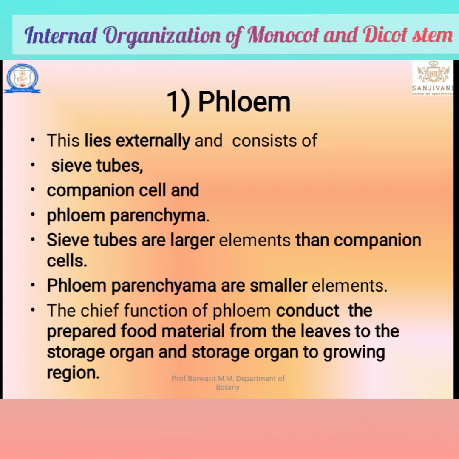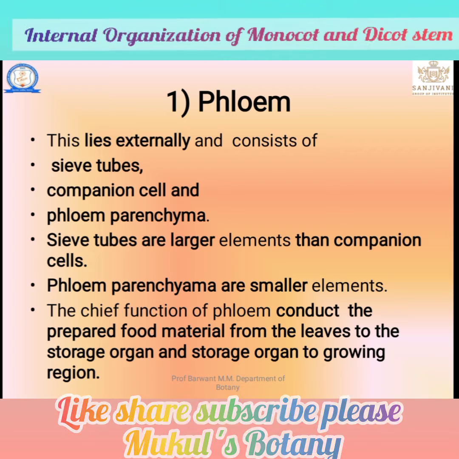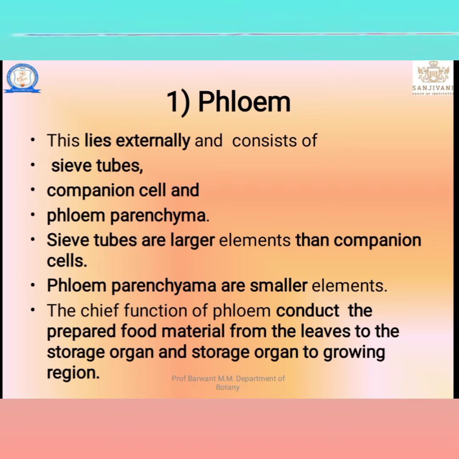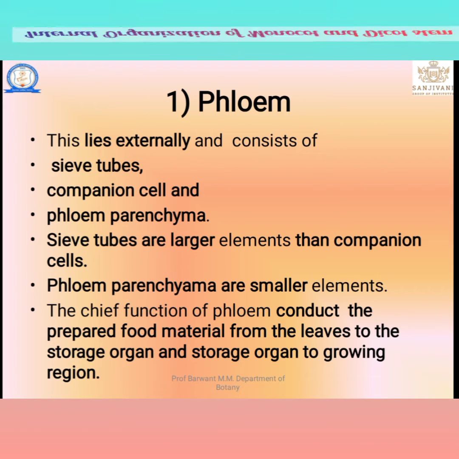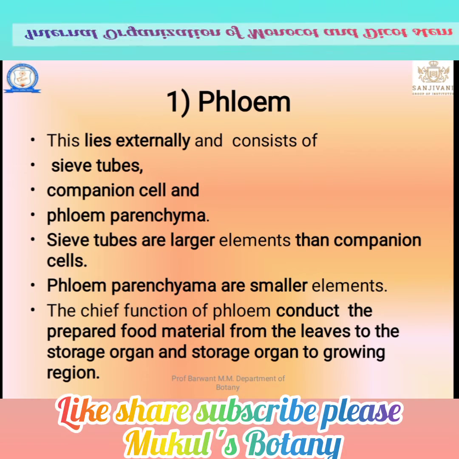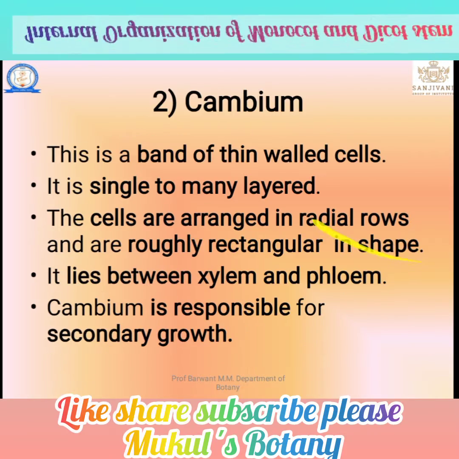The chief function of the phloem is to conduct prepared food material from the leaves to the storage organs where it is needed in more amount. That is known as the function of the phloem. Those are some functions and characteristics of phloem. First, I explained the position of phloem, then parts of phloem, and then the function of phloem.